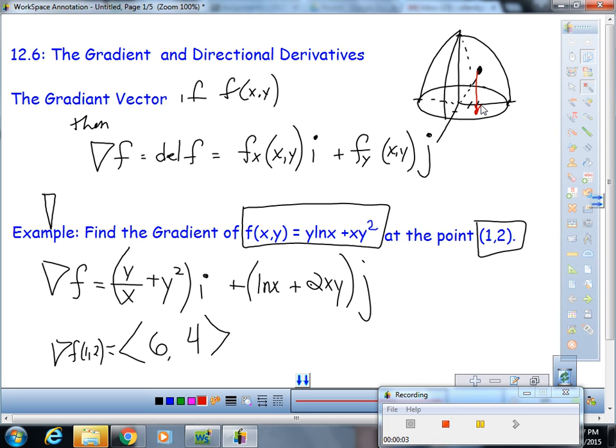At that point, our gradient is forward 6, right 4, so it's something that looks like this. This is the geometric representation of the gradient of f. Okay? Can you remember that? At this point, you should be totally confused and wondering what in the heck that's telling us. So if you feel that way, excellent. You're doing great. All right?